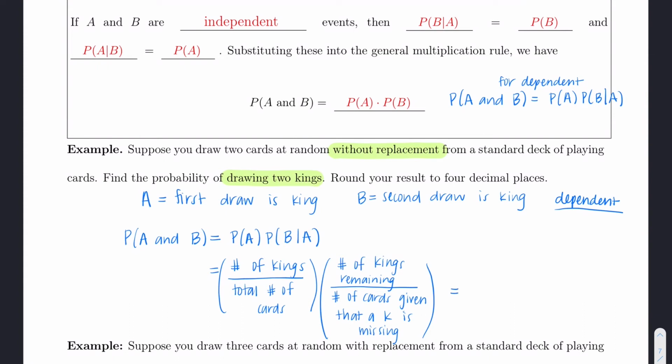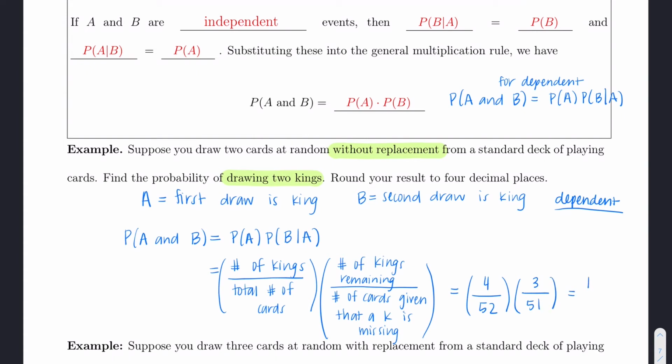Since, for the first probability, there are 4 kings in a deck out of 52 total cards, that's my first probability. Then my conditional probability is, okay, if I've already pulled a king out, then there are only 3 kings left out of 51 total cards.